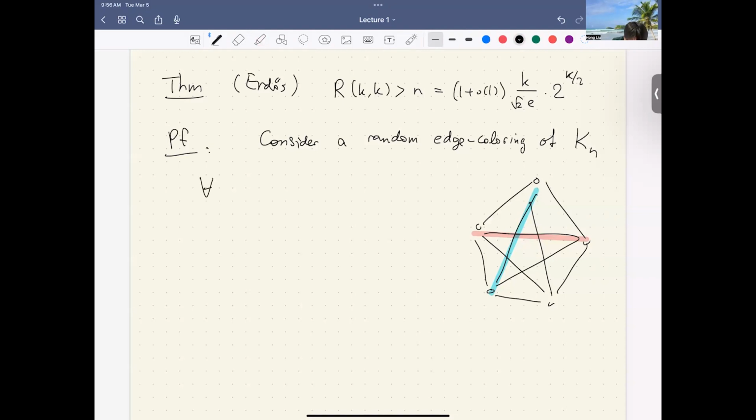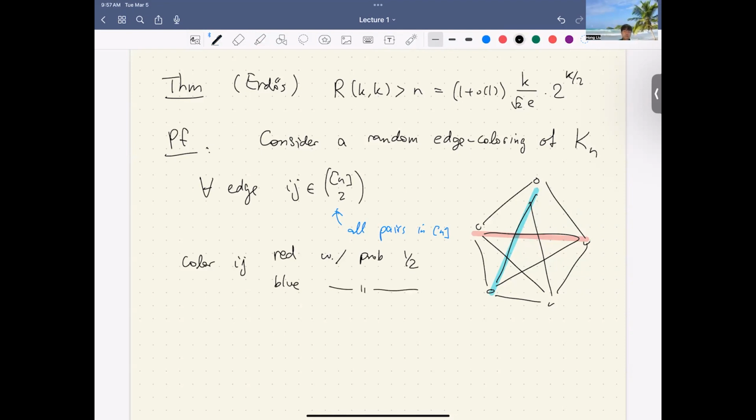Namely, for every edge ij in n choose 2, this is a notation for all pairs in n, you choose 2 elements from the ground set. For all pairs ij, you color ij red with probability 1/2, blue with probability 1/2.